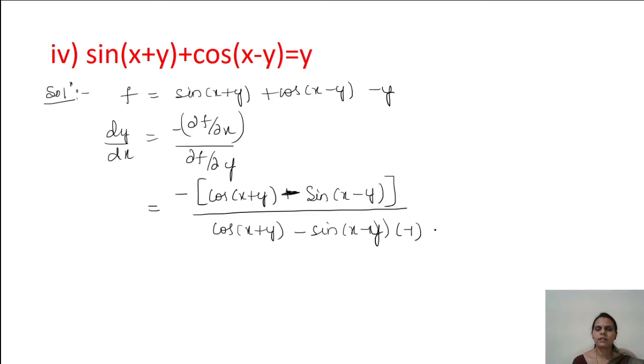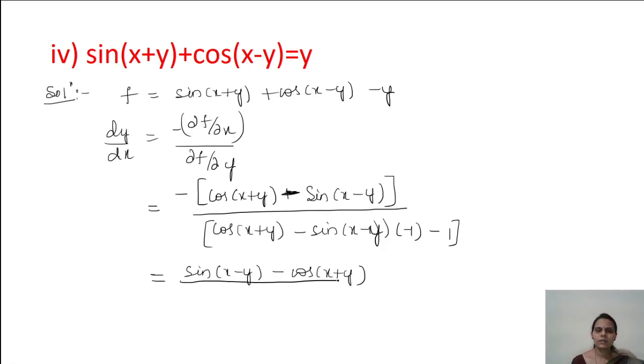into −1, minus the differentiation of y is 1. So this is equal to [sin(x−y) − cos(x+y)] after I have multiplied this minus inside the bracket.